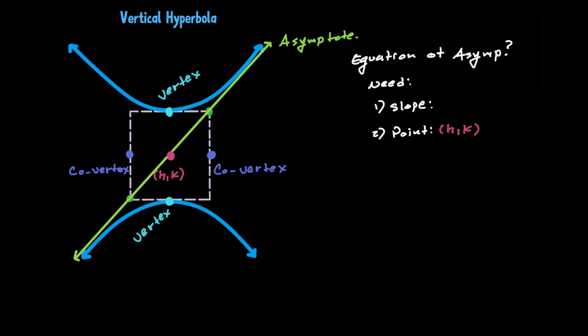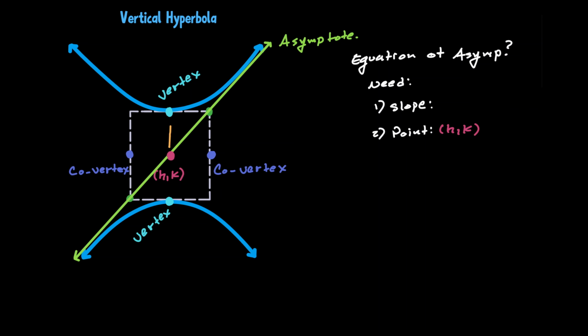Well, let's choose 2 points. I'm going to choose the center and the point that is on the upper right-hand side of our box. And let me try to find the movement to go from one point to the other. Let me see how many units we need to go up and how many units we need to go to the right to go from the center to the upper right-hand side. Well, we introduce some letters to represent that distance.